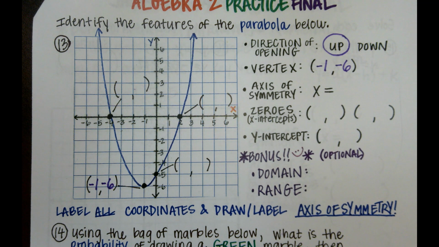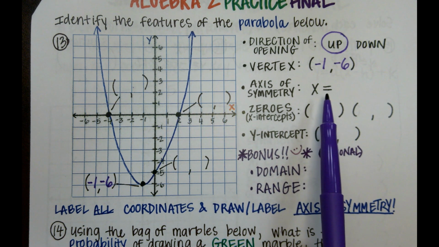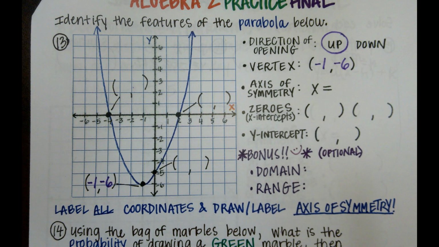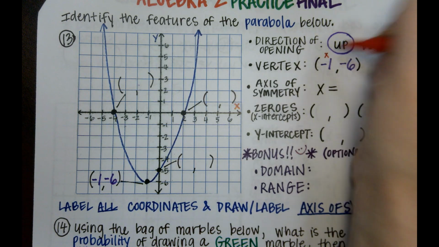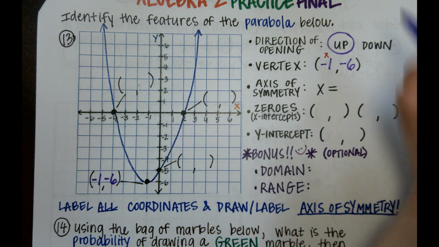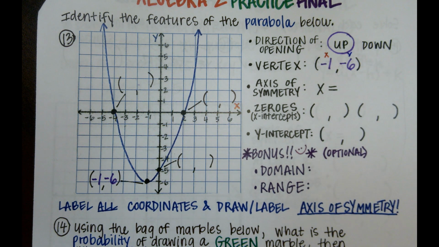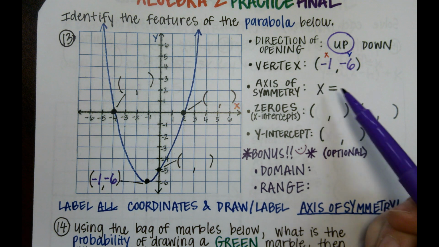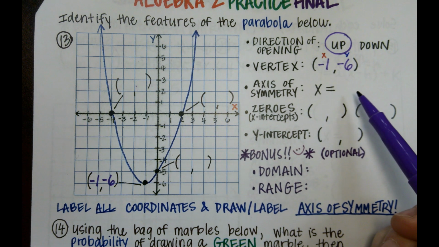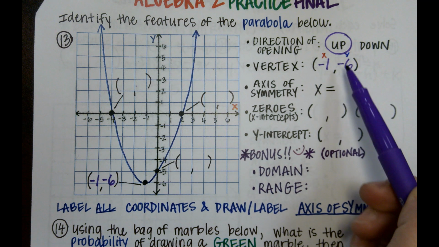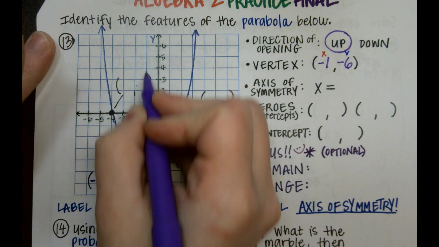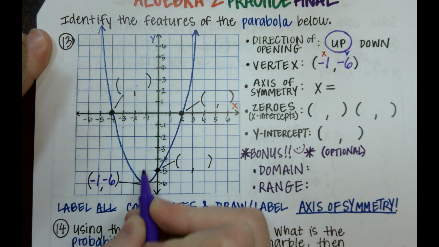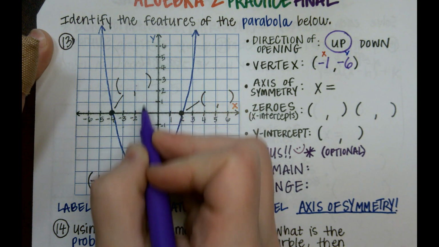Okay. Now, here's a trick for finding your axis of symmetry. Let me label my x and y, because this is going to be very helpful. Once you know your vertex, guess what you can do to find your axis of symmetry? Does anybody know the trick? It's just going to be the x value from your vertex. It's negative 1. Because remember, the axis of symmetry is that line that separates the middle of the graph.